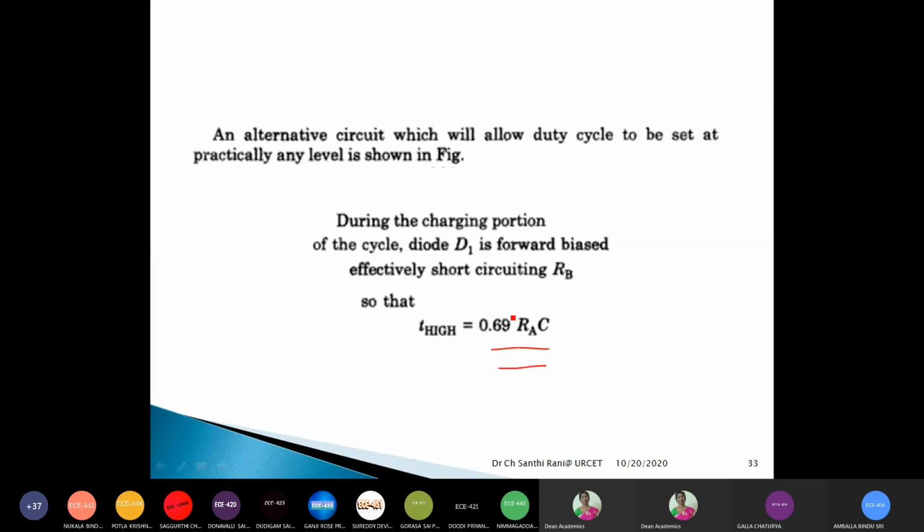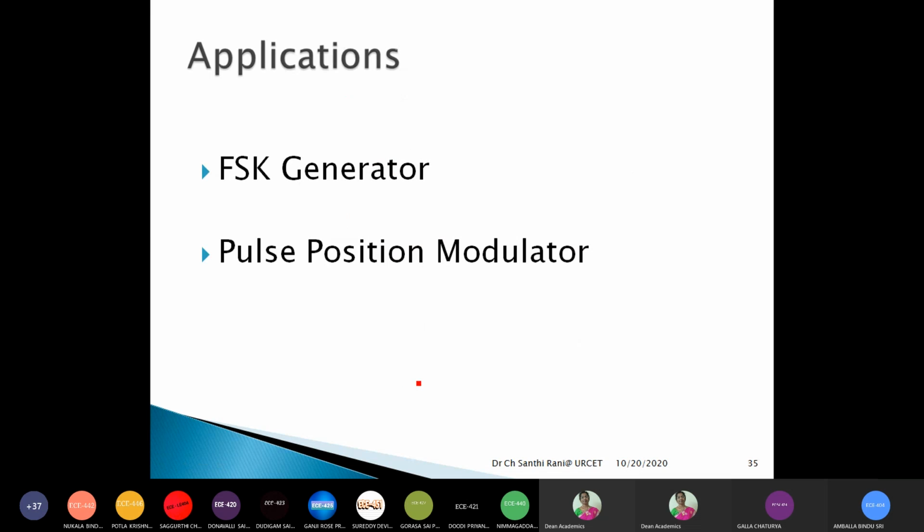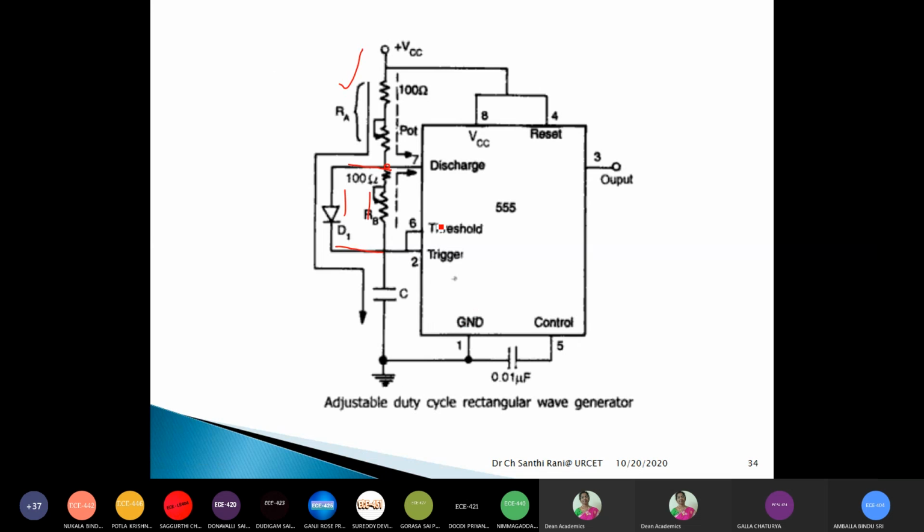Now during charging, because of the presence of this diode, when it is in forward biased condition, it is almost like a short circuit. Therefore, this resistor is short circuited. Its presence will be 0, and therefore T high can be calculated with RA only, right? So when we have only RA, it is possible to have more than 50% duty cycle.